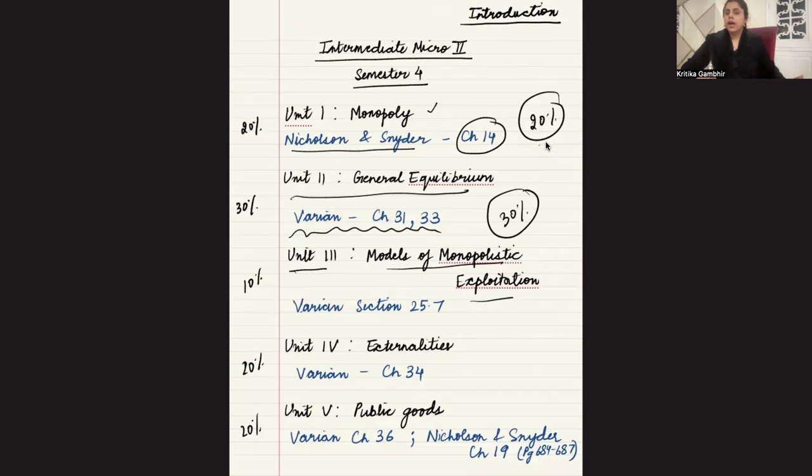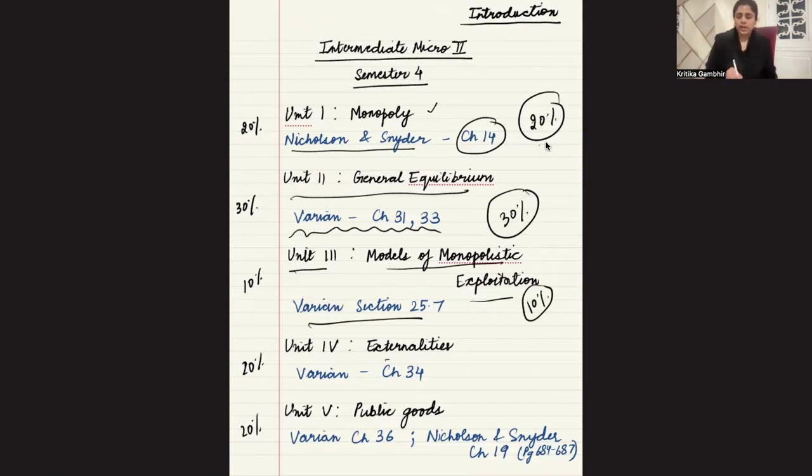Then we have the Colgate toothpaste market, which is typically monopolistic competition. So it is the typical product market that we see in everyday scenarios, right? The weightage is very less, and we only have to cover one section of Varian. Very small weightage, 10%, but scoring in the sense that it is not that tough to cover.